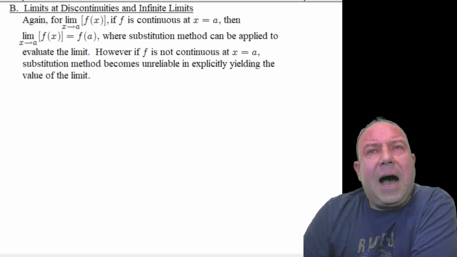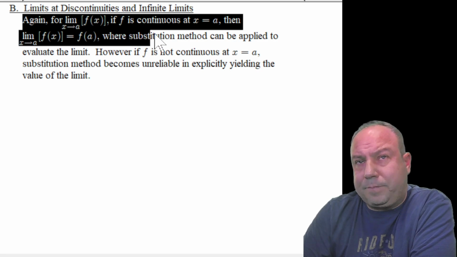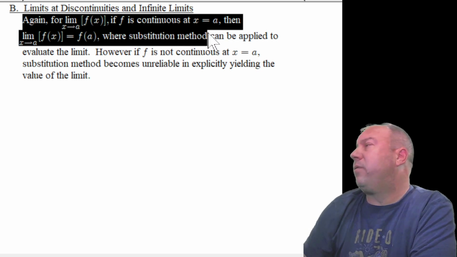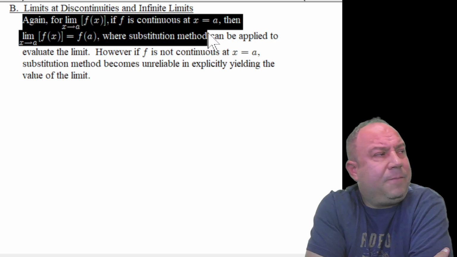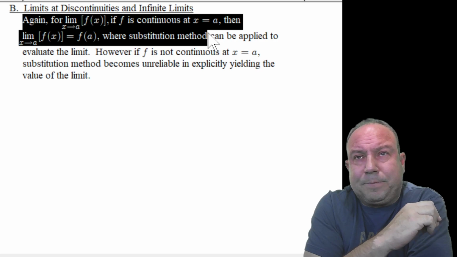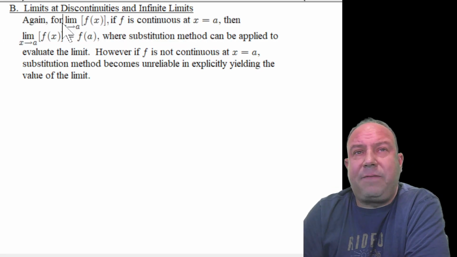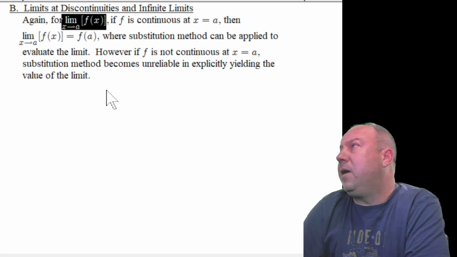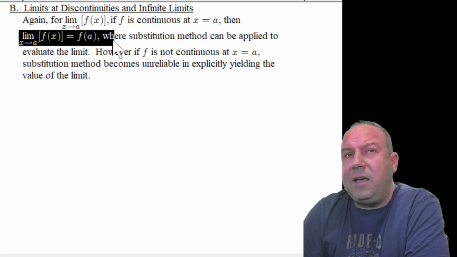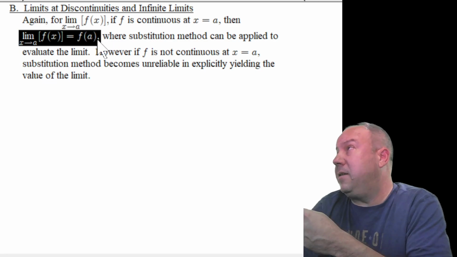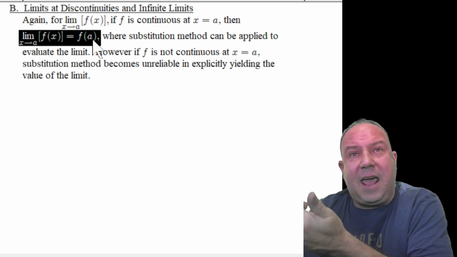Okay. Again, where we pick up from last time is this idea that we refer to as the substitution method. When we consider a limit as x approaches a for a function f, if f is continuous at x equal to a, then what we know right away is that the limit of f as x approaches a is equal to f of a.